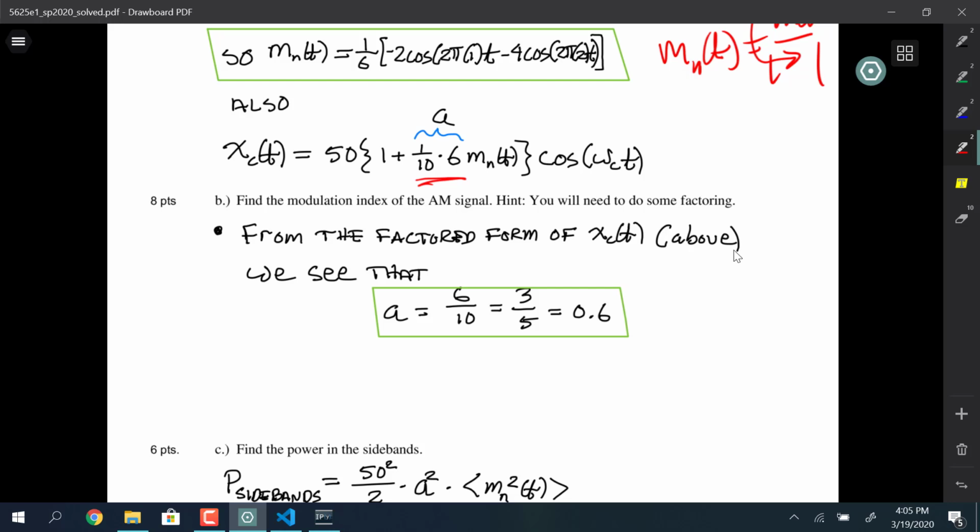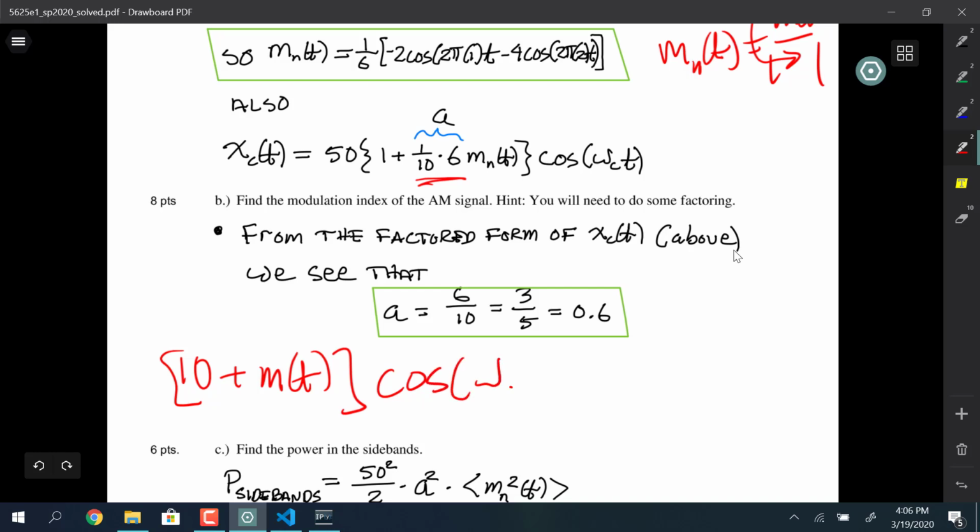If you don't like factoring like that, and you just choose to look at it in this form, you can still arrive at the correct number, but then you have to do more thinking. You have to say the pure carrier has an amplitude of 10 inside the square brackets, and what is the peak value of the message?